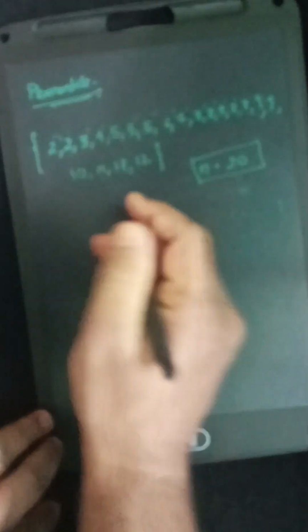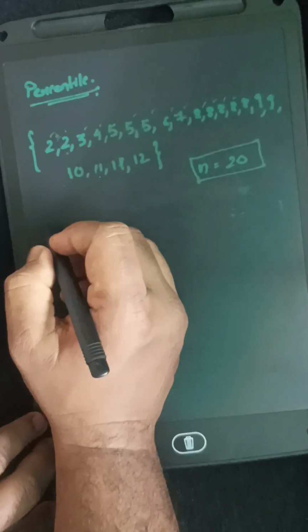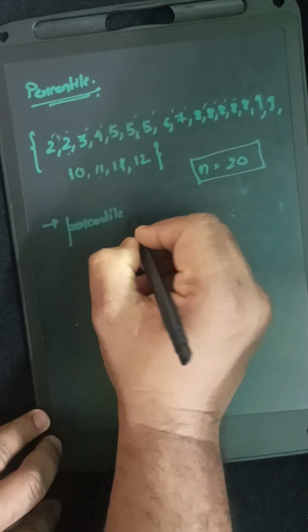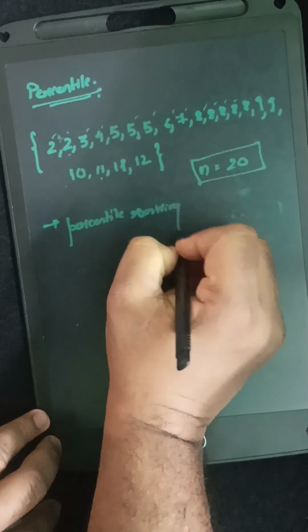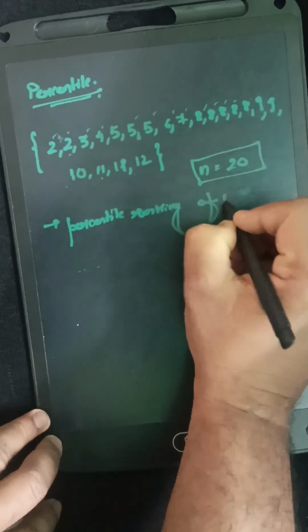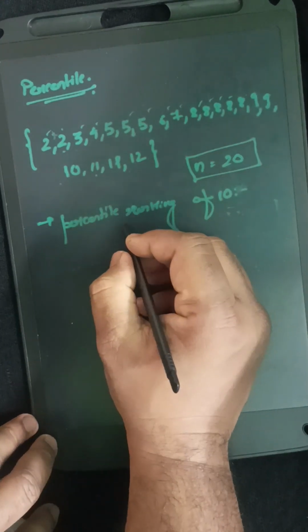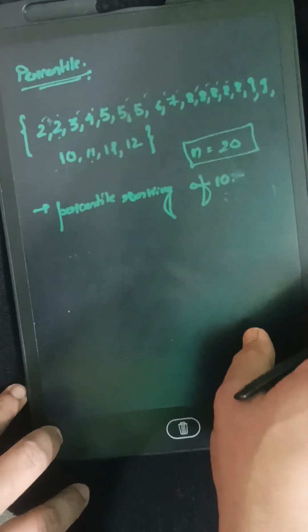So now if I am supposed to calculate the percentile ranking of 10, what am I supposed to calculate? Percentile ranking of 10.